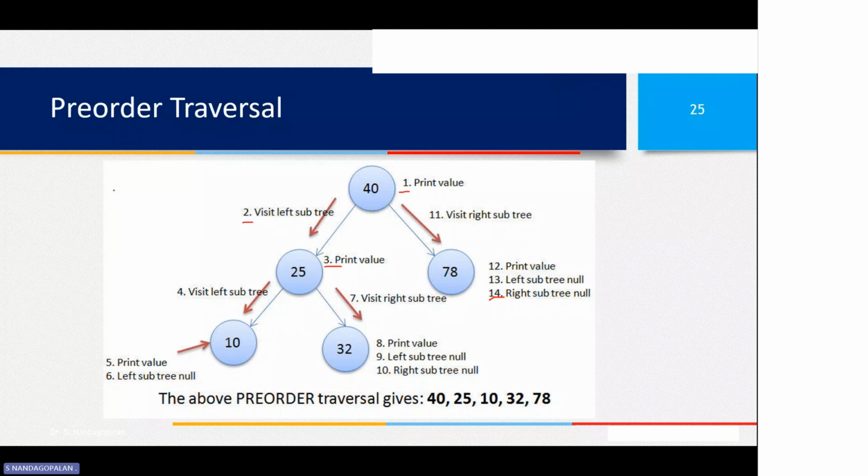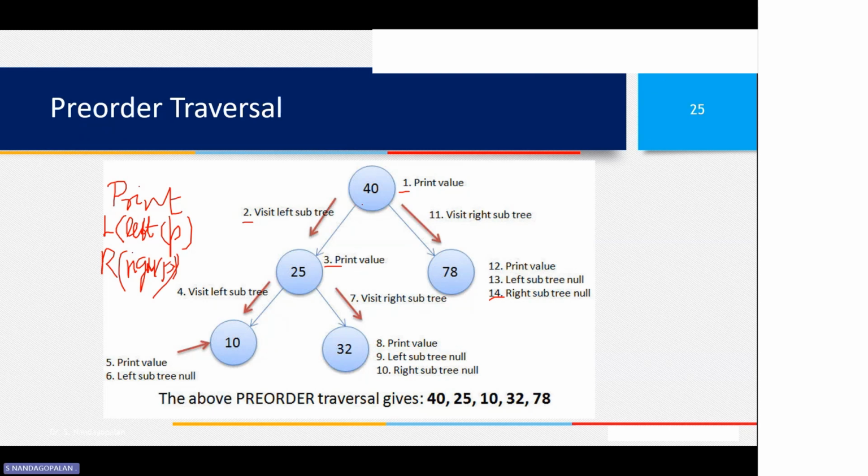So remember, in pre-order, you print the root, then traverse through left with left address. That means left of P. So this is print. Then traverse through right, which means take the right link address.